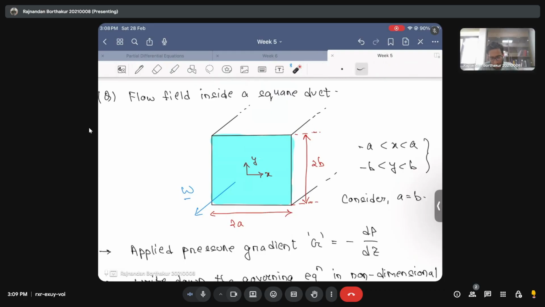The crux of the problem involves the fact that since this is a duct, the velocity profile will no longer be just a function of one variable, which was the earlier case we learned in plane Poiseuille flow, but now it will be a function of two independent variables, x and y, because we have a geometry with a finite width and a finite height, although the length of the pipe was infinitely long in the z direction.